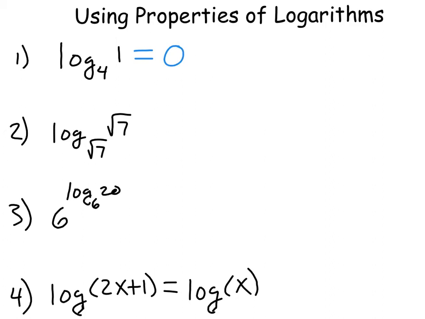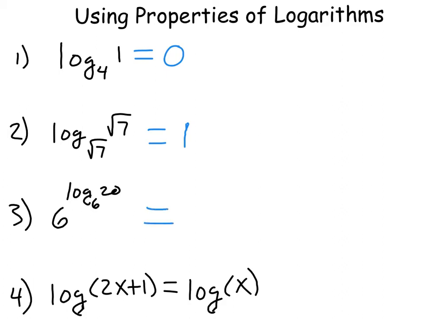That's always 0. Here's kind of an interesting one. The base that we're using is square root 7. Kind of an interesting base to use. Okay, maybe it could come up in an application problem, but as we're starting with some easier numbers, that's kind of an interesting base. However, what we're taking the log of is the same as the base, which means that's 1.